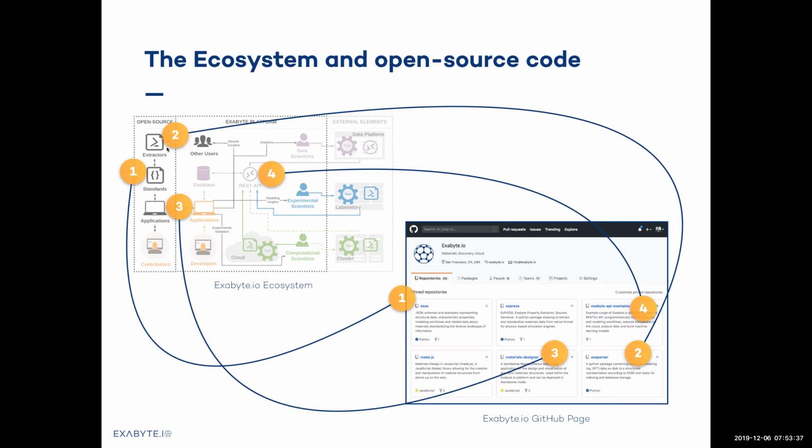Exaparser corresponds to extractors, and Materials Designer corresponds to the application. And there are also examples for RESTful API, as number 4 demonstrates here. So go online, visit our Exabyte.io GitHub page, and you can see all the code available there.